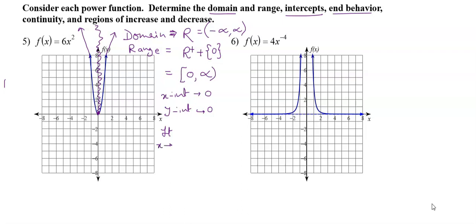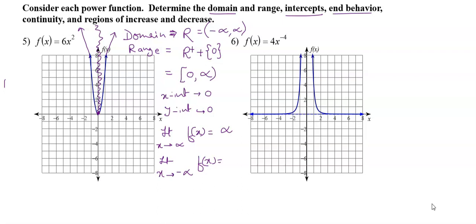So when x tends to infinity, f(x) would be infinity. That is how the end behavior is on the rightward direction. And when x tends to negative infinity, meaning when the value of x is very small, then also the function value is very large.